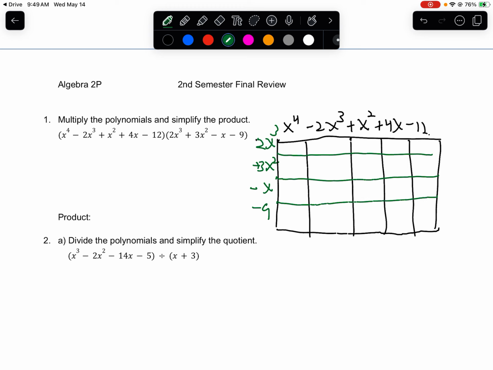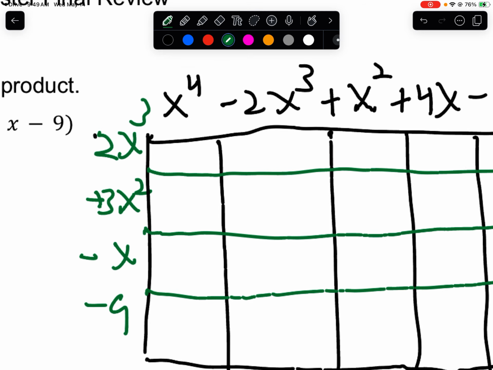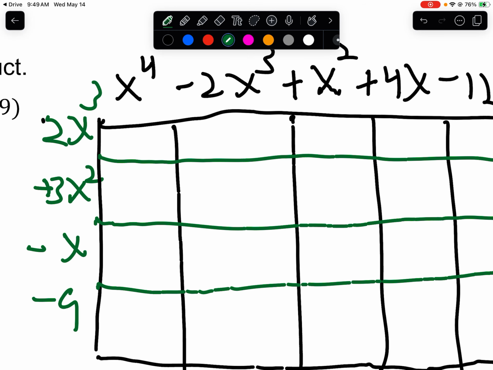So we're multiplying two very large polynomials, with 5 terms across and 4 terms down the side. Just filling this in now, I'm going to make it big so I can write there.